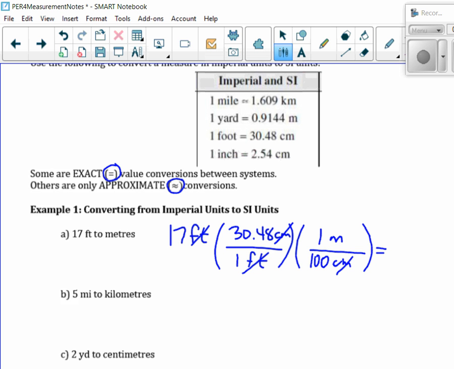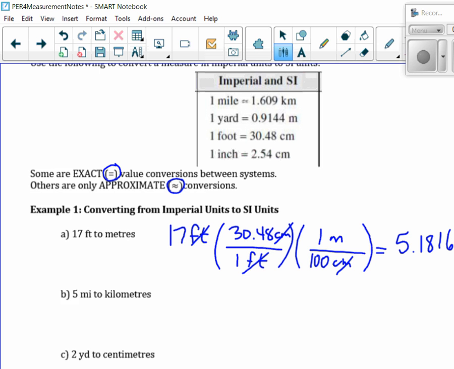So what do I punch into my calculator? I'm going to go 17 times 30.48 divided by 100. So that is 5.1816, and that is meters.